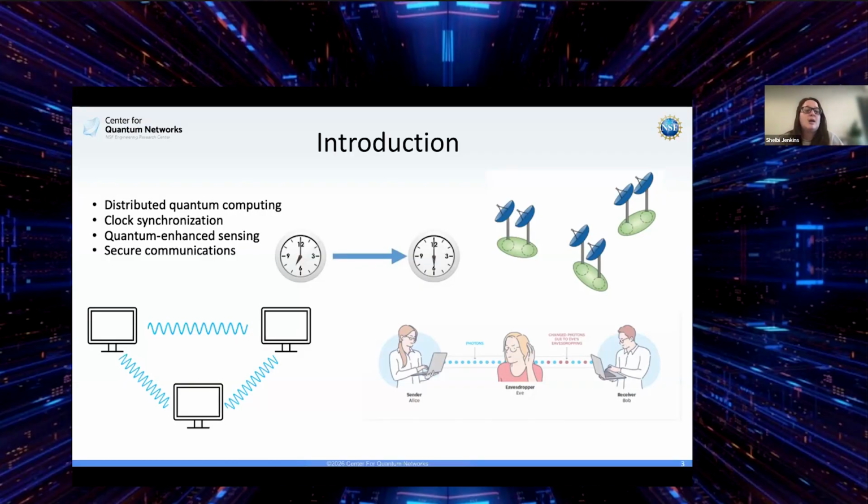So that's one application. Another one is clock synchronization between devices. Quantum enhanced sensing, which includes long baselines for telescopes. And then finally, secure communications. If you were there for Mike Raymer's intro class on Monday, one of the fundamentals of quantum mechanics is that you can't observe these entangled pairs without destroying them.